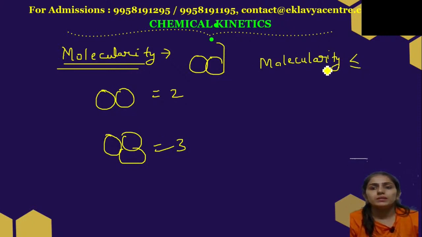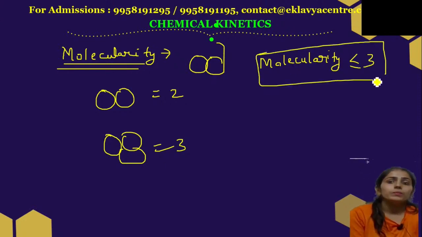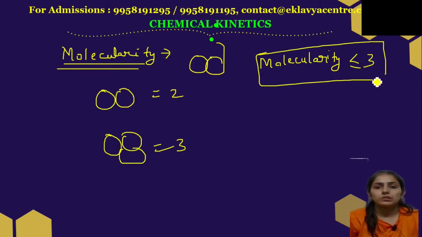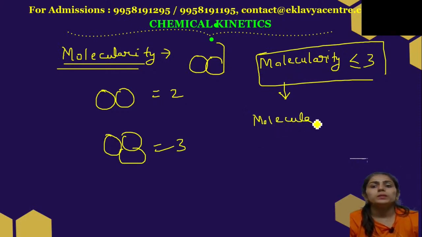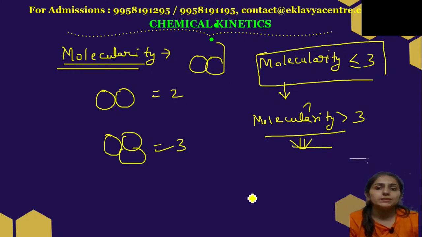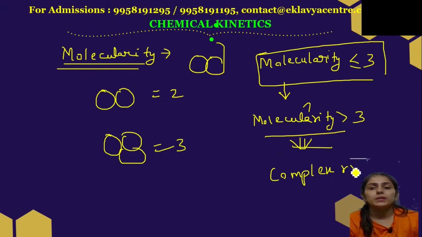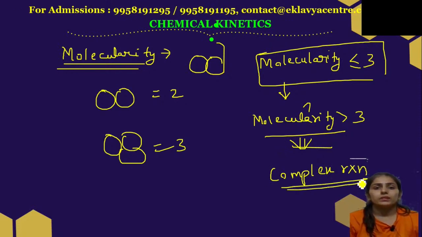If in any reaction you observe that the molecularity comes out to be greater than 3, it means that the reaction is not an elementary reaction, it's a complex reaction. And for a complex reaction molecularity is not defined. So I think this much is clear to you.